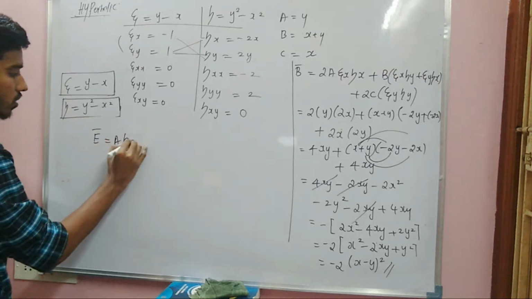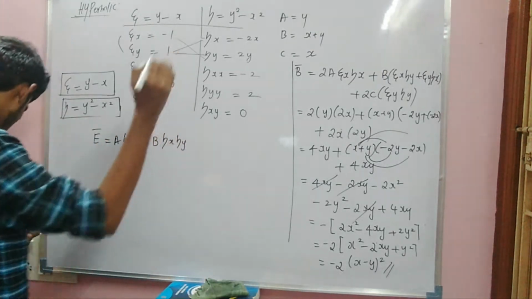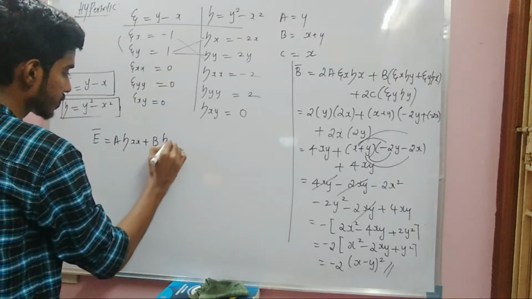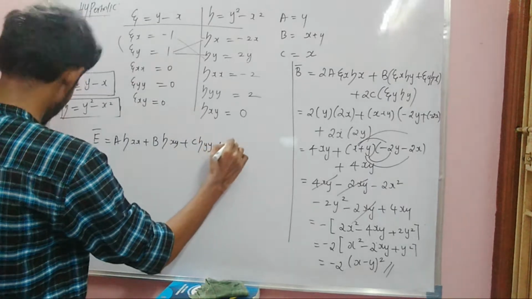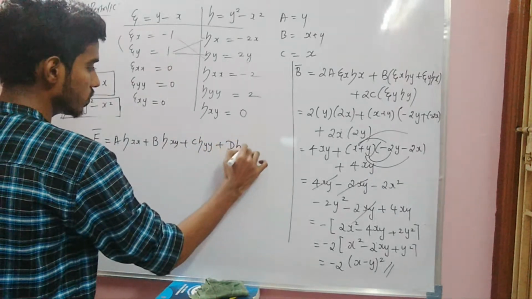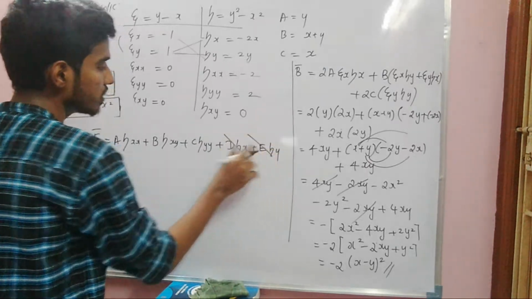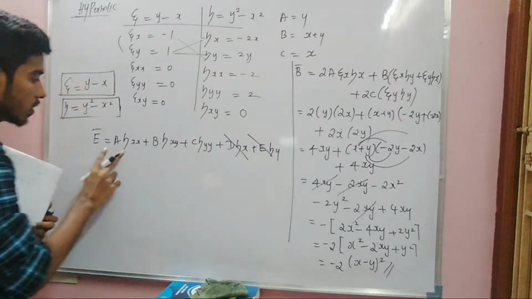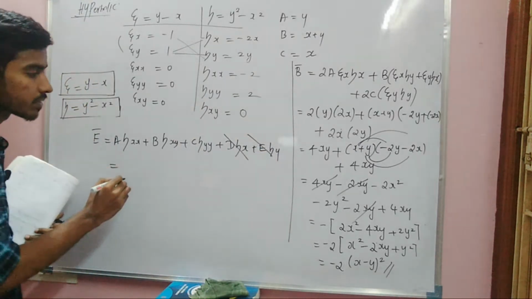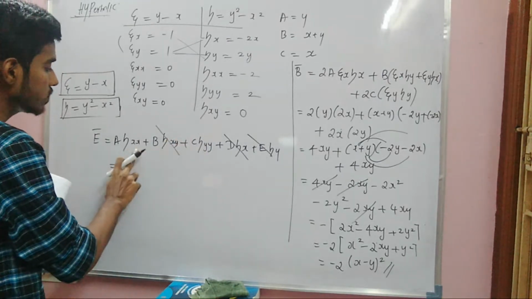A into eta xx plus B into eta xy plus C into eta yy plus d into eta x plus e into eta y. This will be 0 and this will be 0 because we don't have d and e in the question. Again, eta xy will also be 0. So we only have this term and this term.